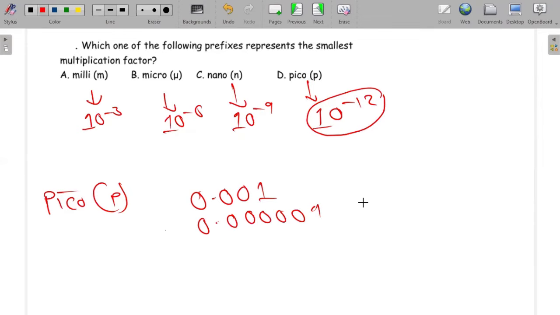The zeros keep on increasing, because there's a negative power there. So please don't make that mistake. The smallest here is the one which has the highest negative power. Because as the numbers increase towards the negative side, that means your value is getting smaller and smaller. So the pico here is the smallest multiplication factor. So the correct answer is D.